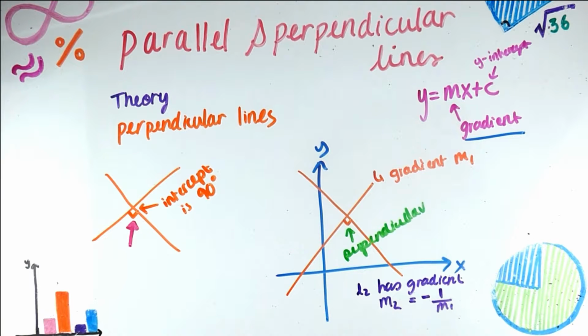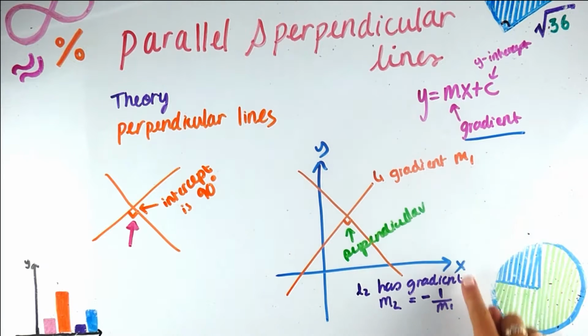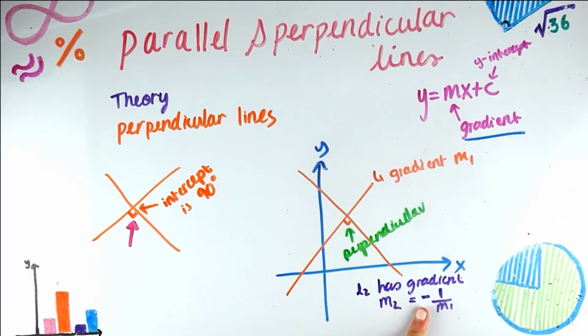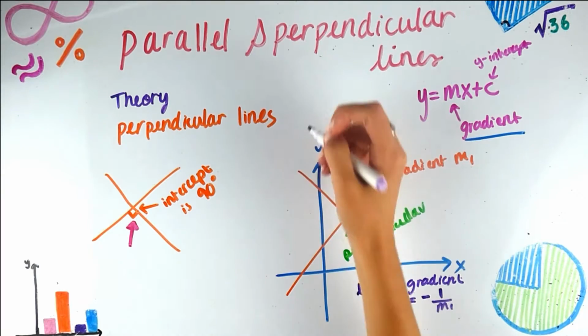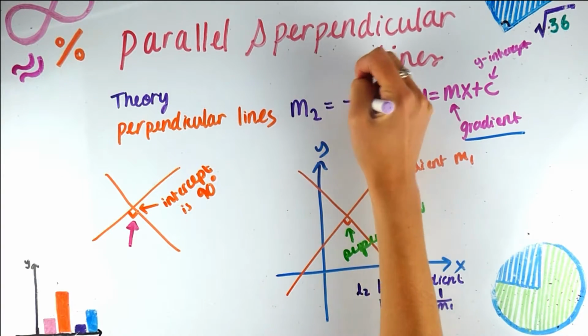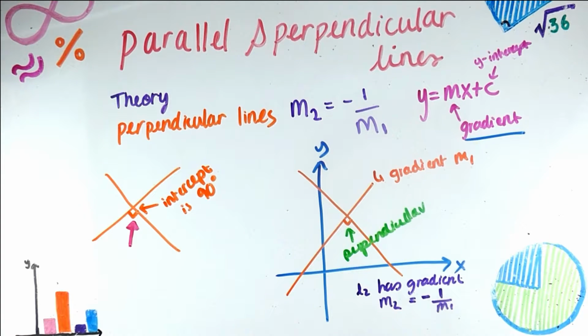So basically, whatever the gradient of this line is, you do the reciprocal, so you do 1 over, so you flip it, and you change the sign, so you make it negative if it was positive, or the other way round. Perpendicular lines, what you need to know is gradient M2 is minus 1 over M1. So let's look at some exam questions.